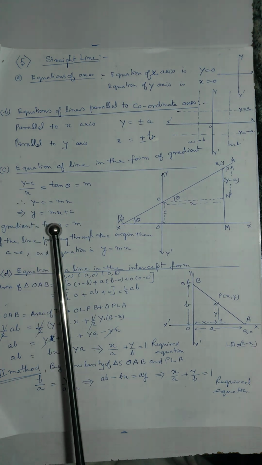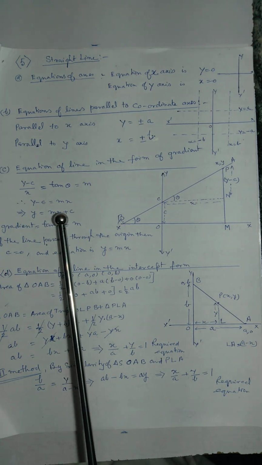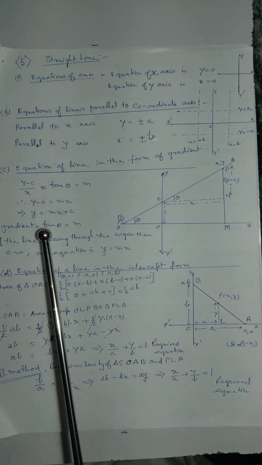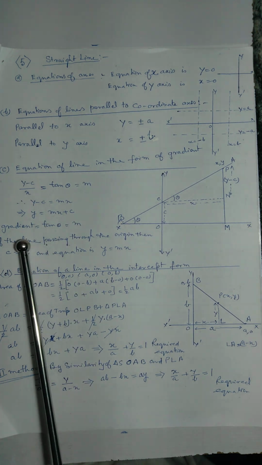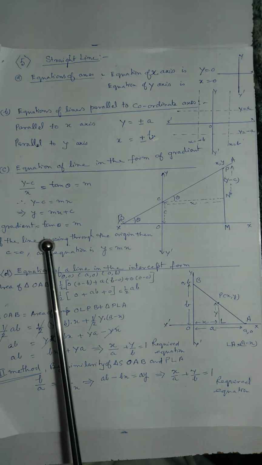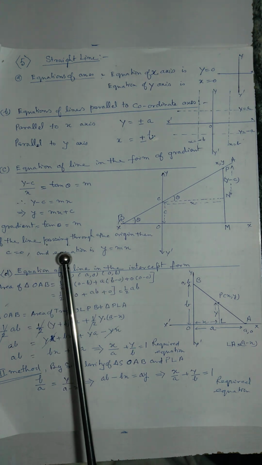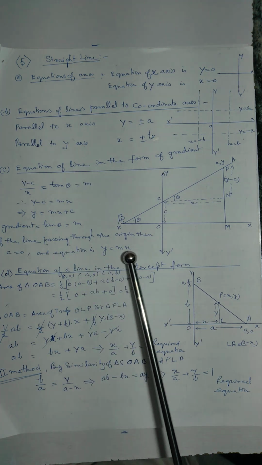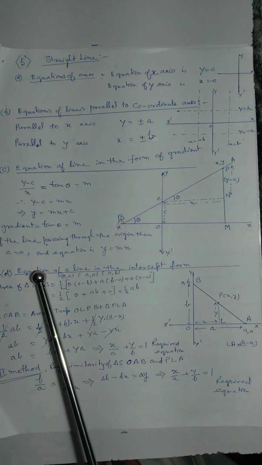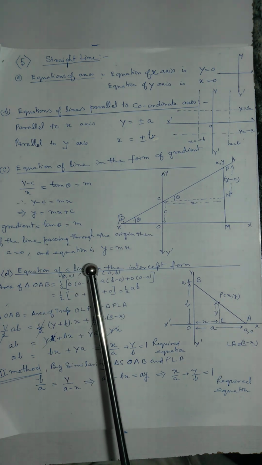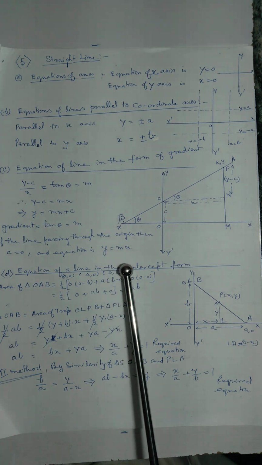So y minus c is equal to mx, cross multiplied. So y will be equal to mx plus c. The gradient of the line, that is tangent theta, is equal to m. If the line passes through the origin, c is equal to 0, and the equation is y is equal to mx.